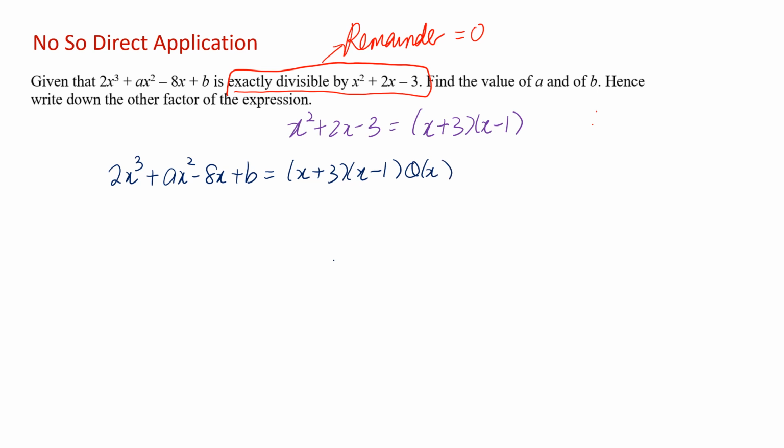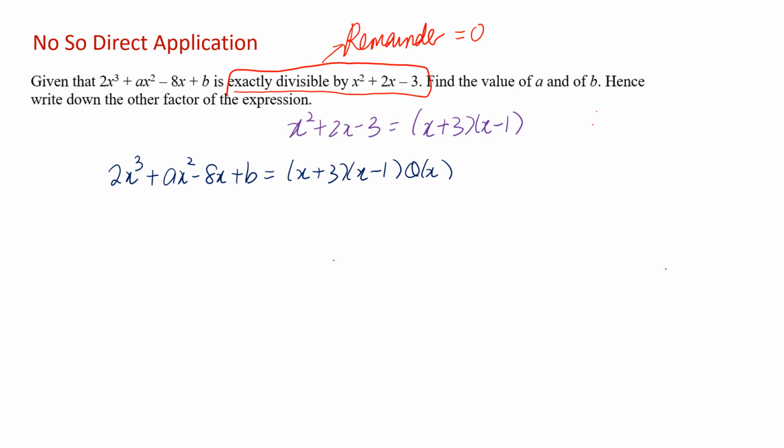And since we're using factor theorem, the remainder will be 0, right? So there's no need to write plus 0, but we all understand that it's plus 0 because the remainder equals 0.